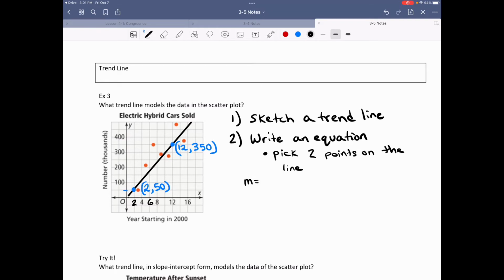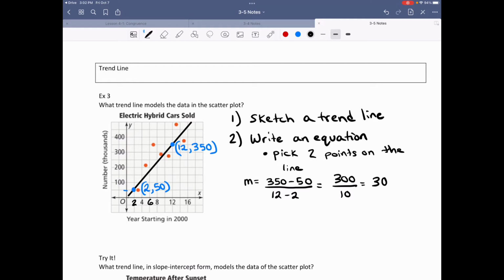So we're going to do the y values, 350 minus 50 over the change in x, which is 12 minus 2. That equals 300 over 10, which is equal to 3. That's a nice slope. Did I do this correctly? Oh, no. It would be not 3, it would be 30. I did my division incorrectly.